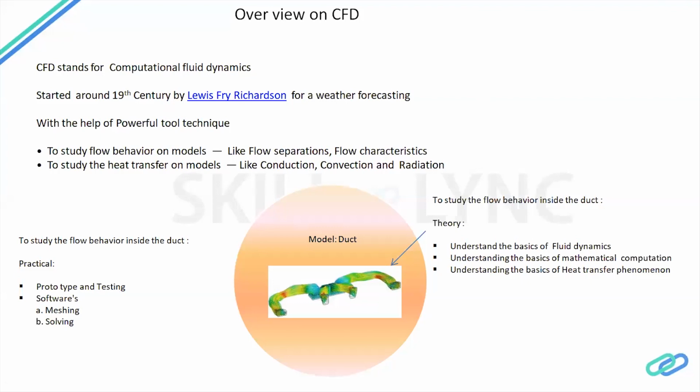CFD stands for computational fluid dynamics. So the name itself is talking about fluid dynamics. It does not mean that we can deal with only the fluids, because wherever the gradient is available, the gradient in the form of either pressure drop or pressure difference, or you have a temperature difference, or a species transport difference, or, like you can say, in the form of transport properties.